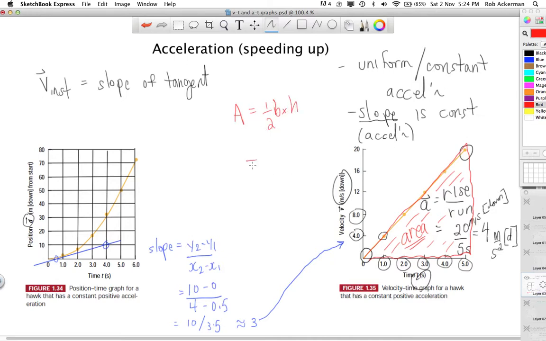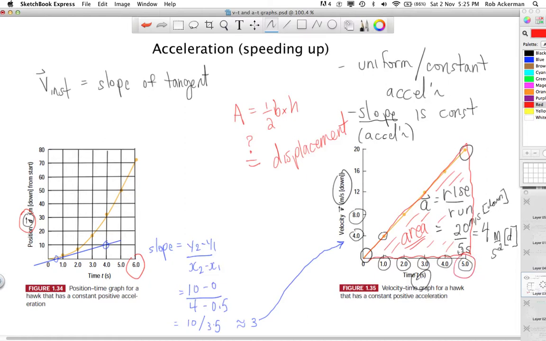The area should be, so I'm asking you to check on your own, it should be the displacement. How are you going to check this? Well, look back at your position graph and see whether the displacement of the hawk in those 5 seconds is the same as the area on the graph. Just a word of warning, this graph goes up to 6 seconds, but this one only goes to 5.